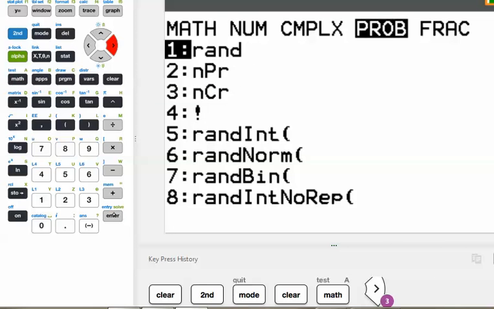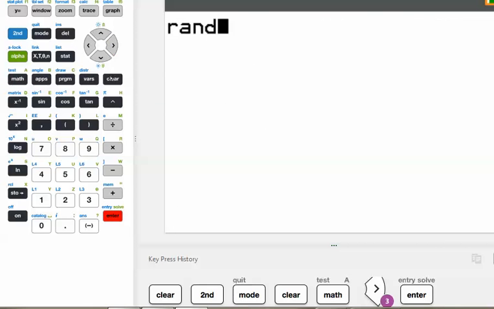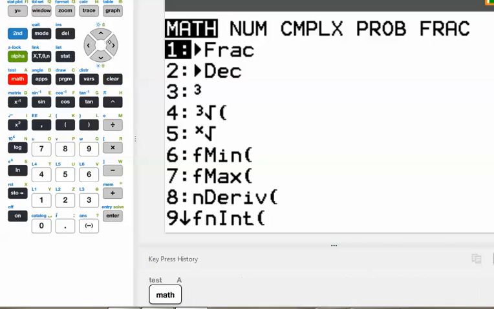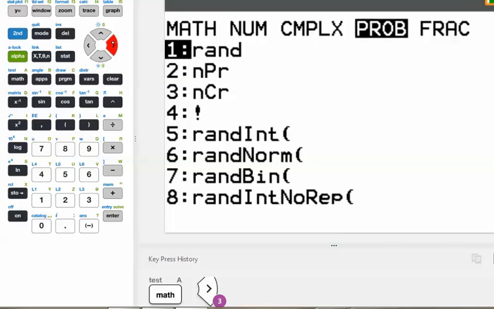Let me back up just a second here. Math, I forgot to go down to nPr. There's the nPr, and I'm going to pick that up in a minute. But first of all, I'm going to go to the factorial. There's factorial.